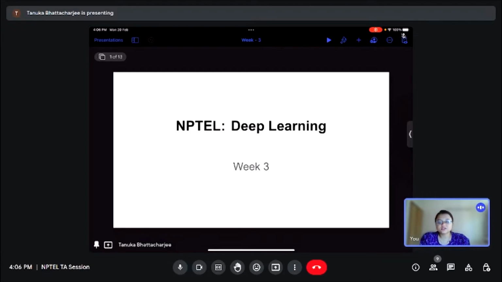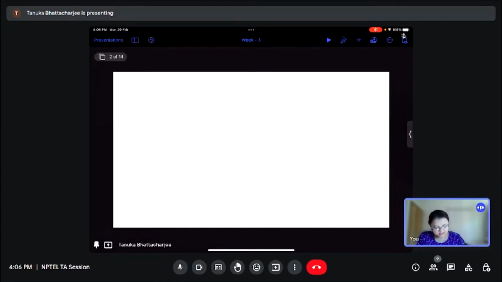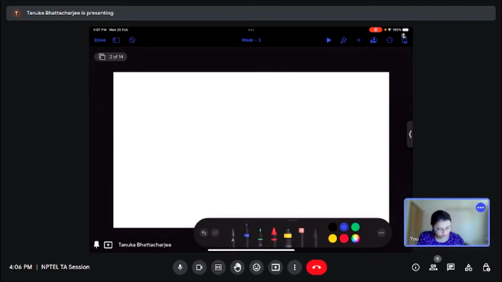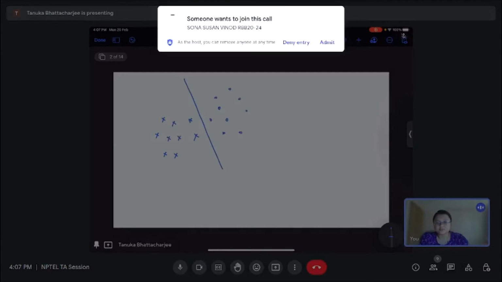So by margin here, what we mean is, if you have, let's say, two sets of data points, one from class 1 and another set that is class 2. Now as you can see, of course, these two classes are linearly separable, so you can have a decision surface somewhere in between the two classes.